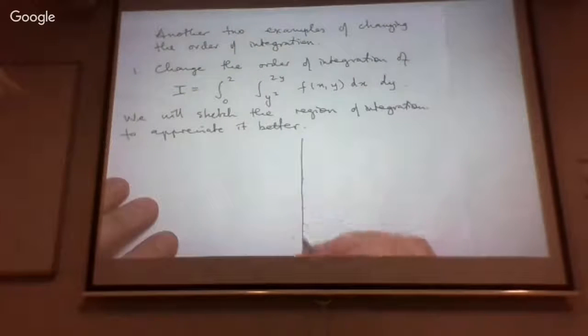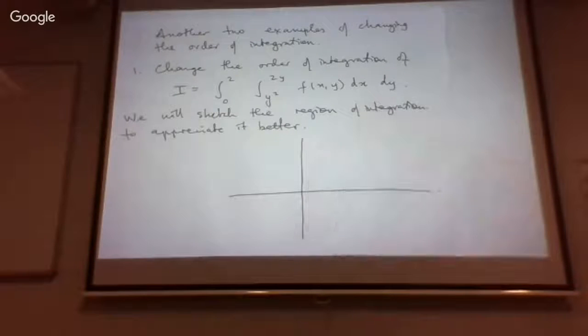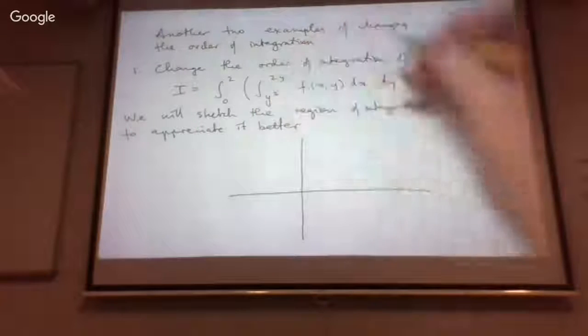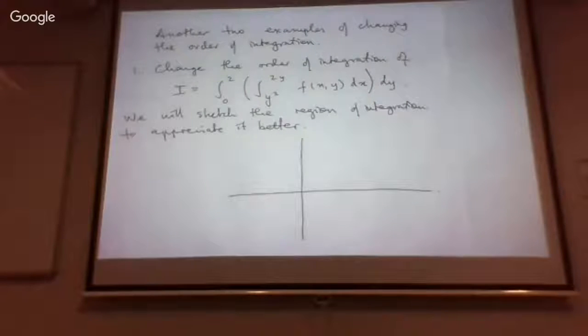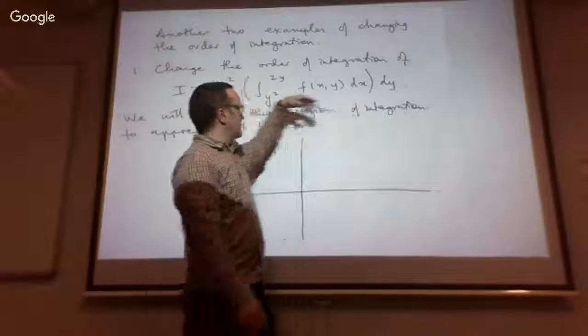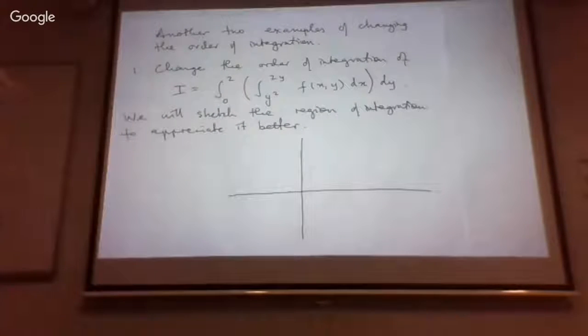So we're going to draw a sketch of the xy plane, and look at these limits of integration. Now remember, these double integrals are a pair of nested integrals, one integral inside the other. So look at the outer integral first. The outer integral goes from y equals 0 to y equals 2.